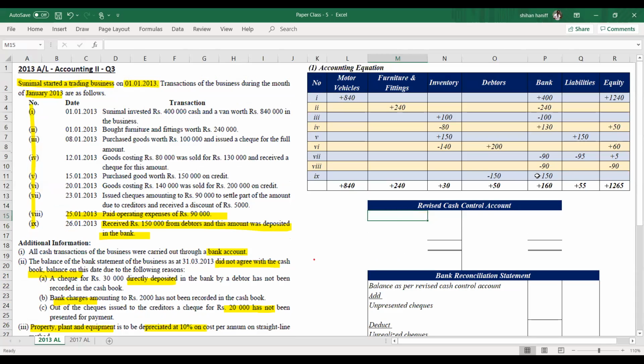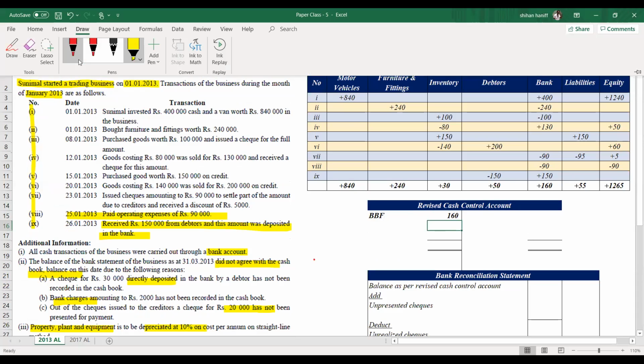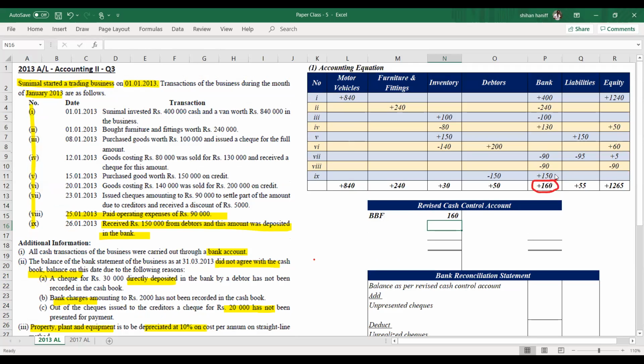Right. So there is a balance brought forward of 160, the opening balance. Oh, this is the closing balance of the bank, 160.